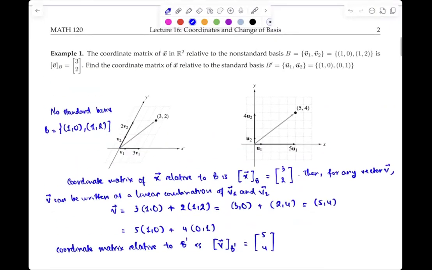So on one side of this picture, you have a non-standard basis. You have V1 equal to 1, comma 0 and V2 equal to 1, comma 2. A little bit of manipulation allows us to go from one basis, from this kind of coordinate system, to this rectangular coordinate system that we are familiar with. And on the right-hand side is the picture for the standard basis.